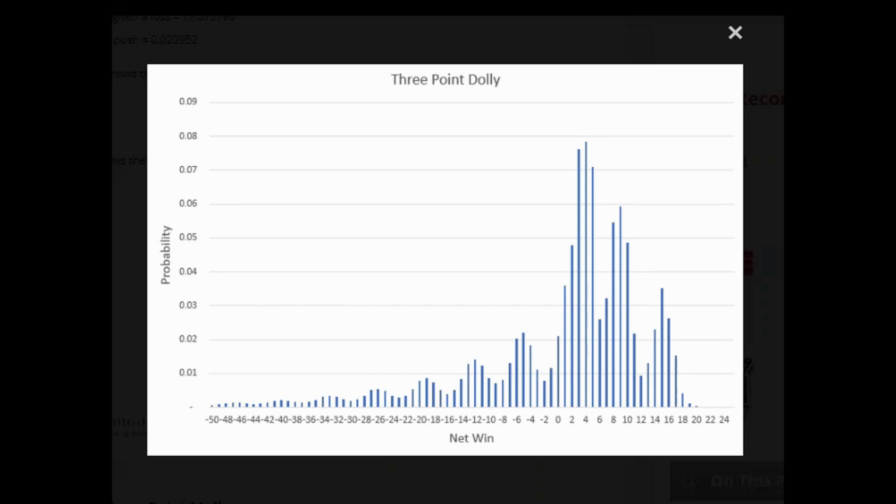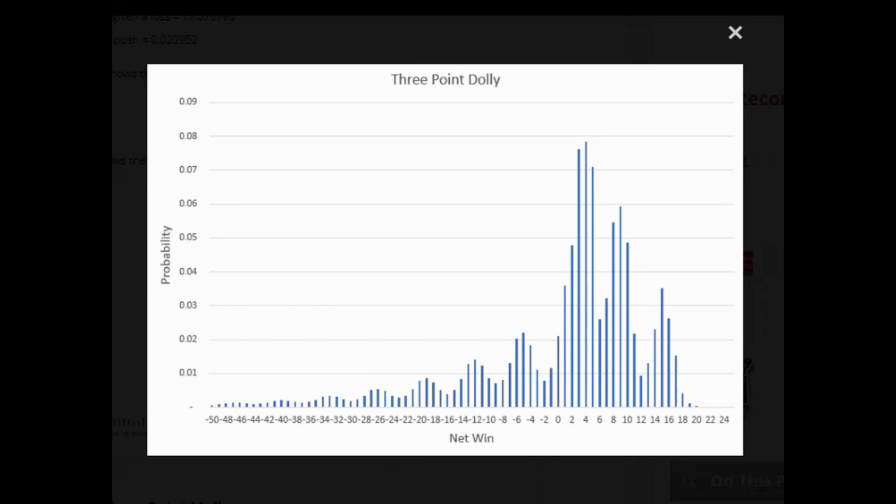And then there's another spike over at, it looks like 9. And here's another spike at 15, it looks like. And the reason for these spikes is each one is winning on a particular number of points.